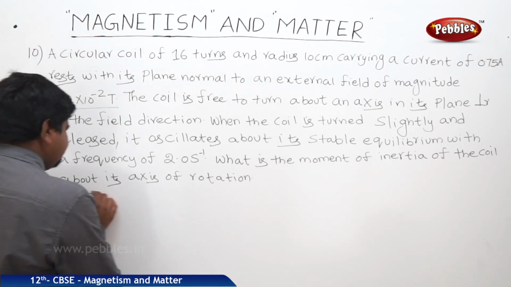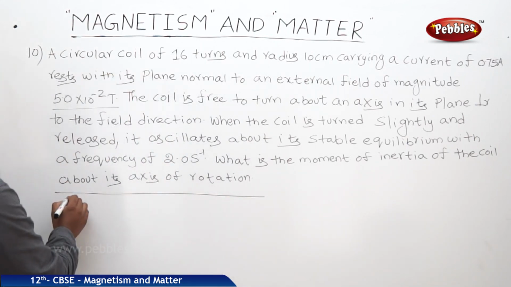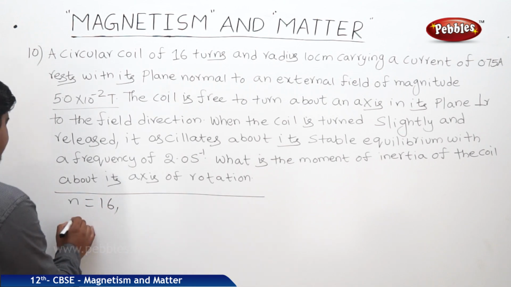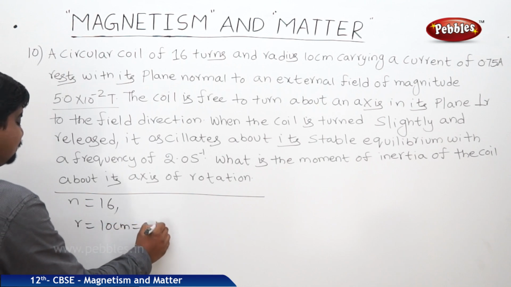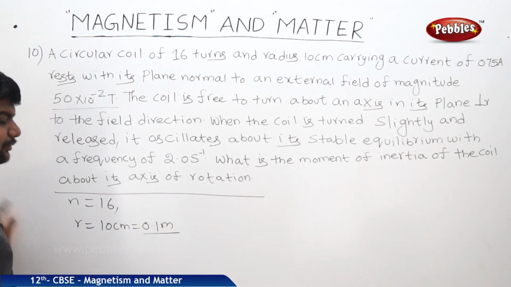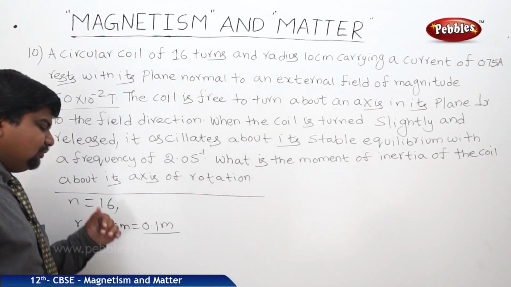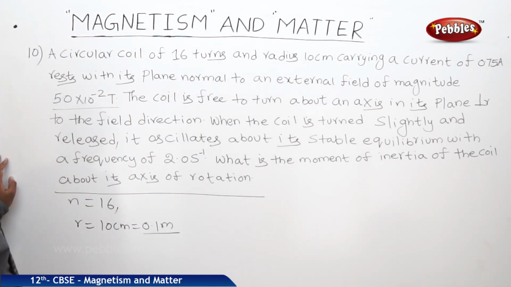So in this case, we should note that the number of turns n is equal to 16, and the radius r is equal to 10 centimeters, nothing but 0.1 meter, because 100 centimeters is equal to 1 meter, so 1 centimeter is equal to 1 by 100 meter. The coil has its plane normal to an external field of magnitude 5 into 10 to the power of minus 2 Tesla.